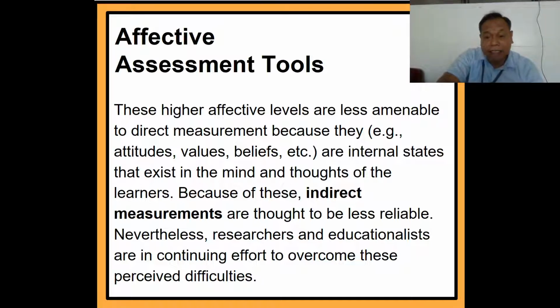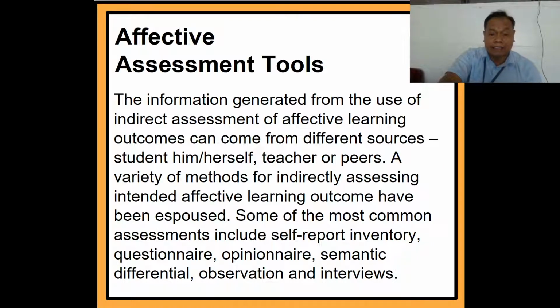They are actually internal states that exist in the mind and thoughts of the learners. Because of this, indirect measurements are thought to be less reliable. Nevertheless, researchers and educationalists are continuing their effort to overcome these perceived difficulties.